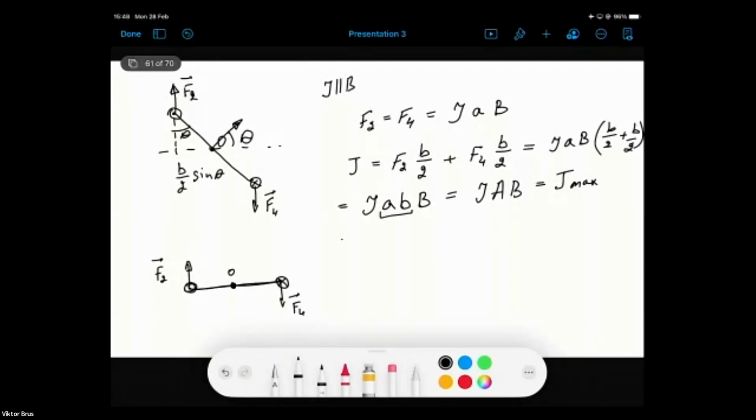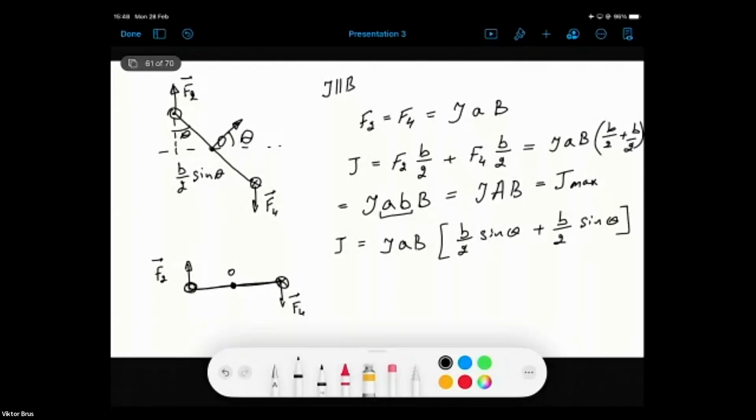So we can write for the torque now that it will be equal to the magnitudes of F2 and F4, I times a times B, times b over 2 times sine theta plus b over 2 times sine theta.